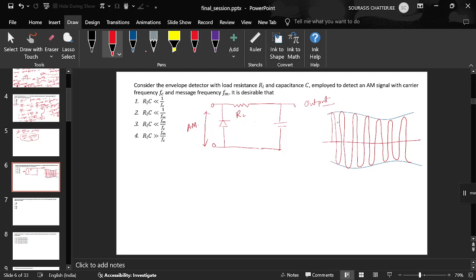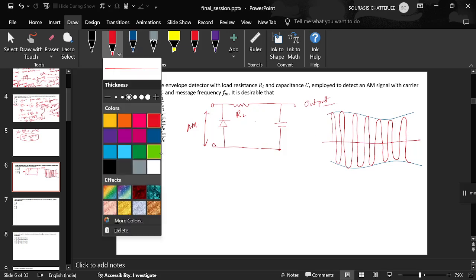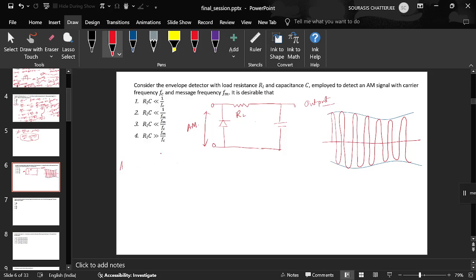You can see the rapid change is due to the carrier frequency being very high compared to your message frequency, and the message information is actually embedded into the envelope of this signal, which corresponds to this blue line. So this actually contains the information about m(t). So if I look at the amplitude modulated signal expression, it is something like this.